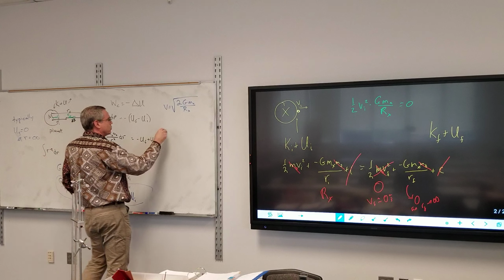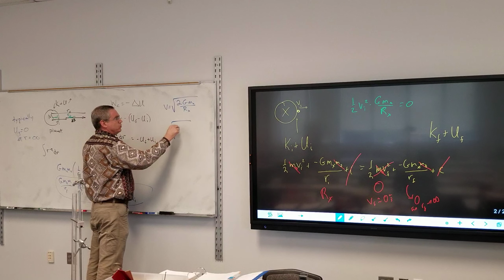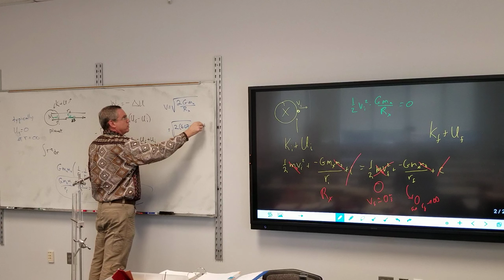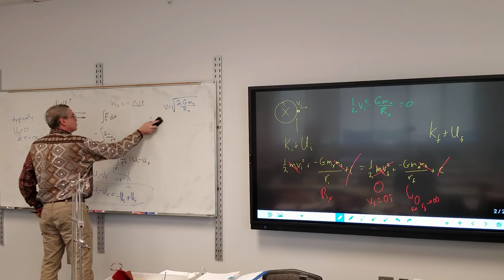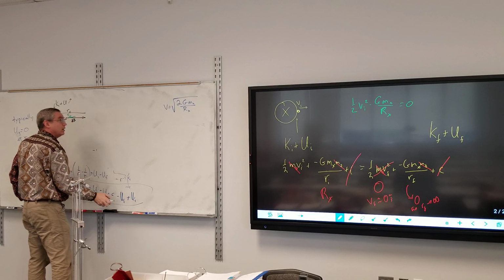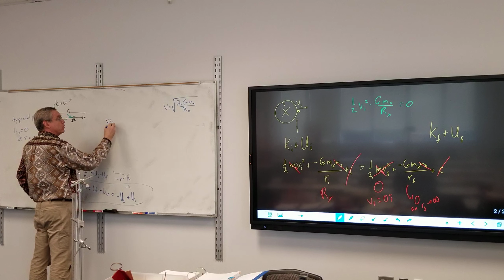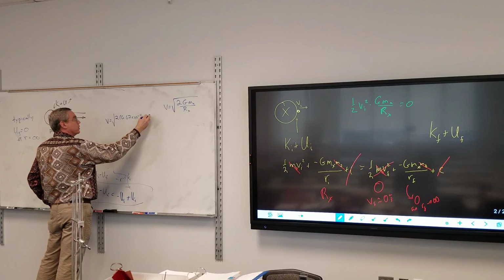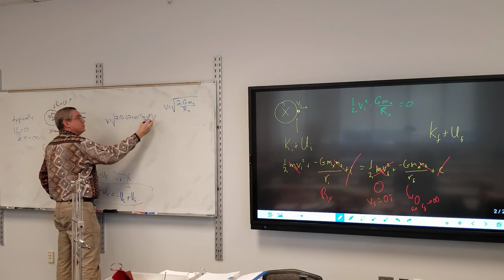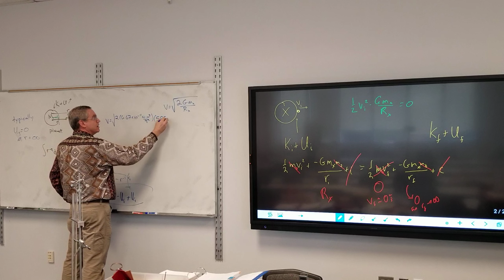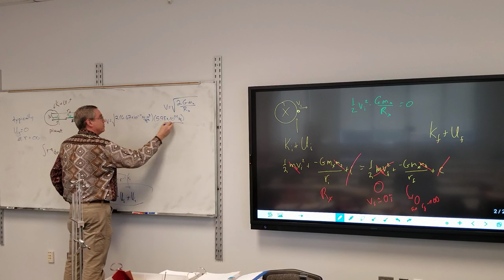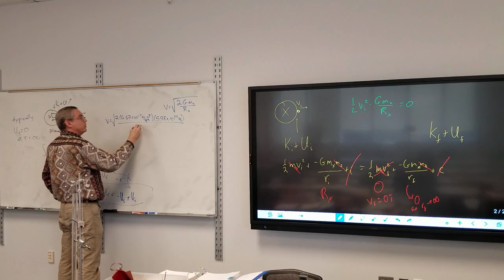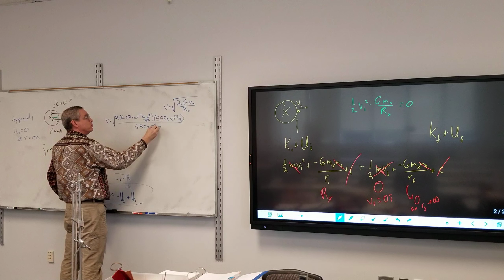All right. So for Earth, this is the square root of 2 times 6.67 times 10 to the negative 11th Newton meters squared per kilogram squared, times the mass of the Earth, 5.98 times 10 to the 24th kilograms, divided by the radius of the Earth, which is 6.38 times 10 to the 6th meters.